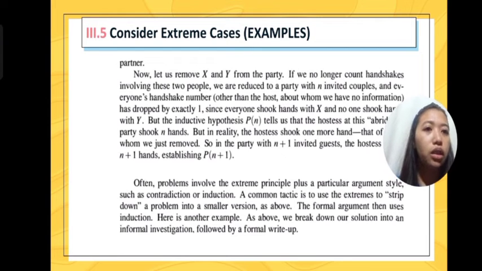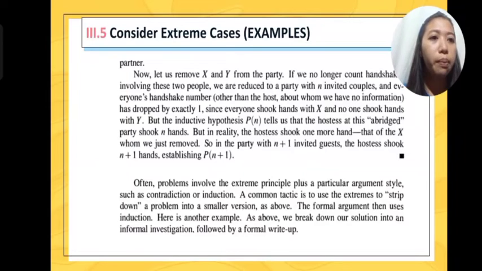If we no longer count handshakes involving these 2 people, we are reduced to a party with n invited couples and everyone's handshake number, other than the host, about whom we have no information, has dropped by exactly 1, since everyone shook hands with X and no one shook hands with Y. But the inductive hypothesis Pn tells us that the hostess at this abridged party shook n hands.